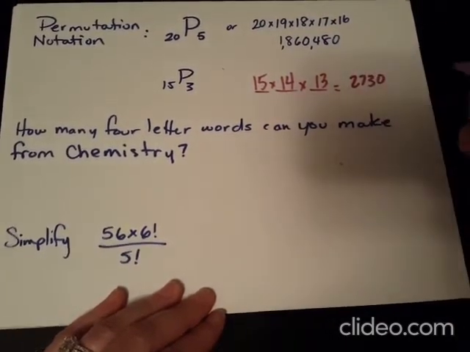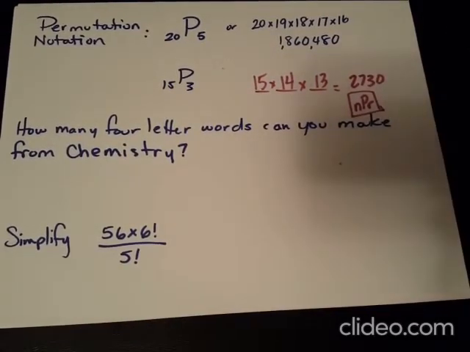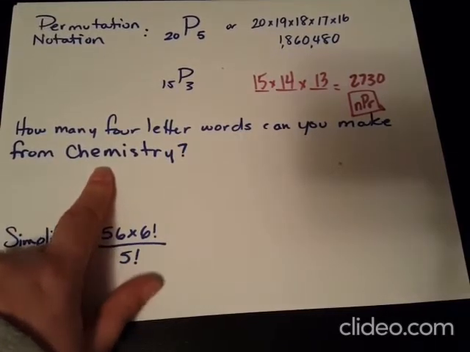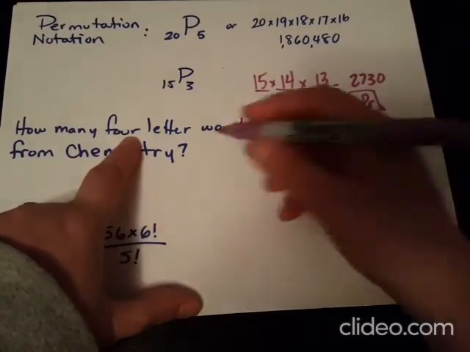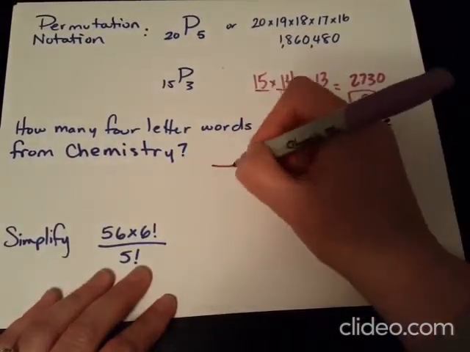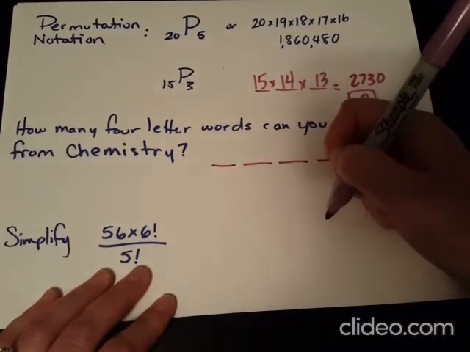Again, this is another button that's on your calculator, and it should look like this. Here's another example using the word chemistry, but now we're not going to rearrange all of the letters. We're only going to create 4-letter words. They're not even words, just arrangements, because it's probably nonsense.